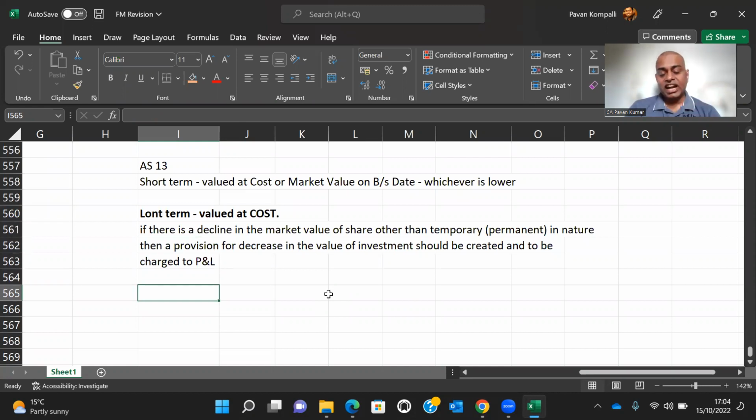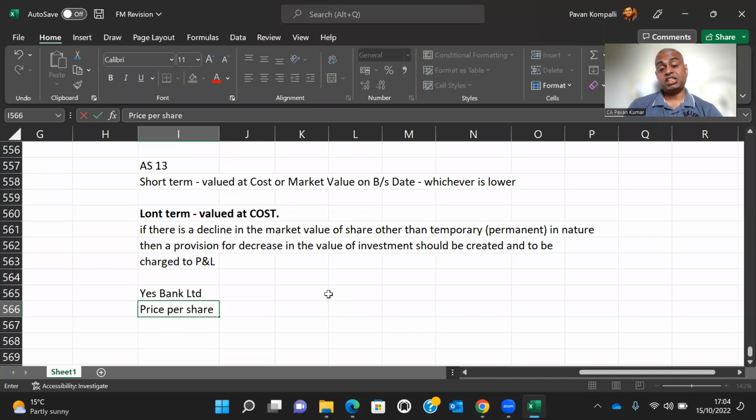There is one great bank called S Bank. Do you know S Bank? Actually it is S Bank, but after a while it has become no bank. I remember I bought shares when the price per share was 400 rupees.